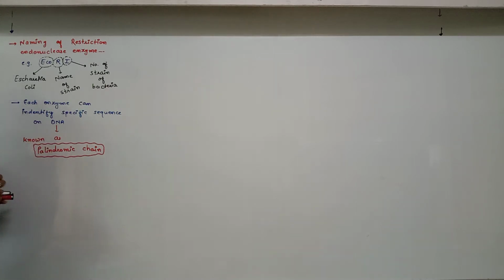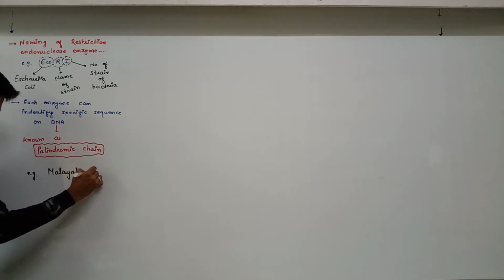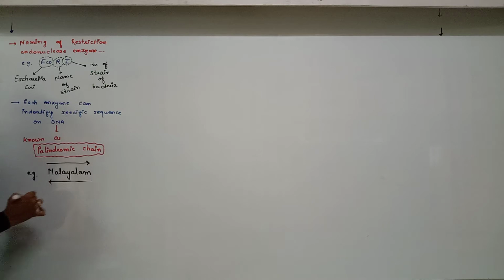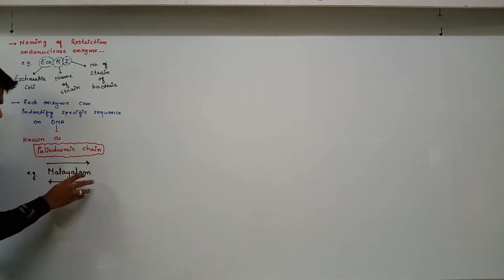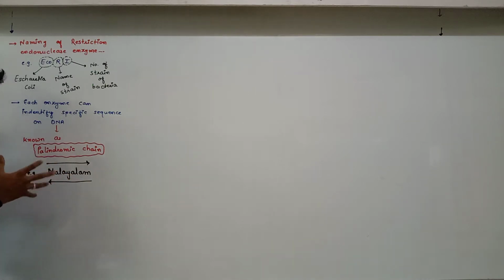See, just for example here, Malayalam. When you read from this direction or in the opposite direction, the letters are the same. So Malayalam, and in the opposite way, Malayalam.